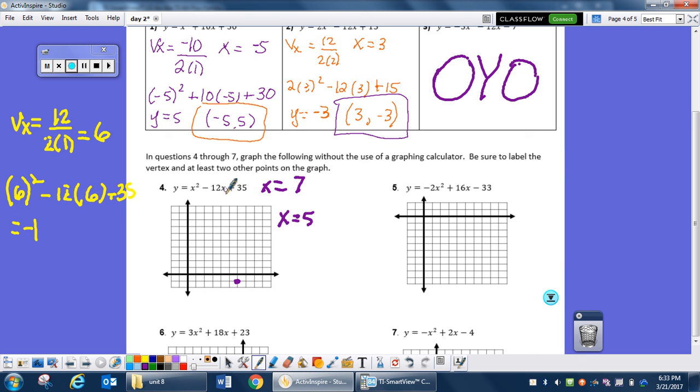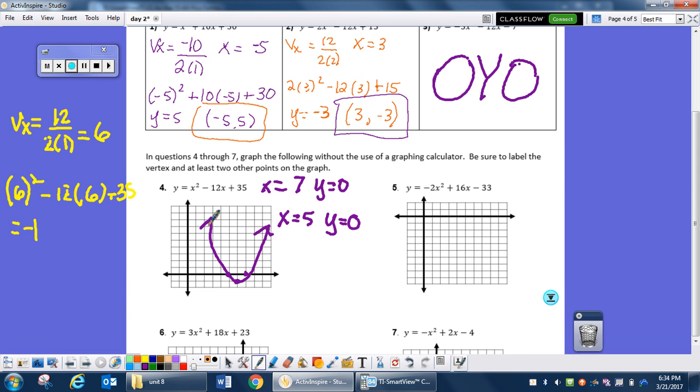So 7 squared would be 49 minus, and you should end up getting y equals 0. And then once you substitute 5 in, you'll also get y equals 0. So each time I'm going to give you, you're going to have to calculate the vertex, and then you're going to have to calculate 2 other points that I'm going to give you the x values for. So you would be plotting 7, 0 and 5, 0, and then you just graph.